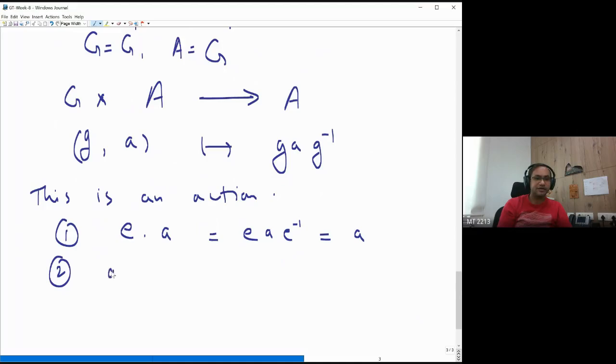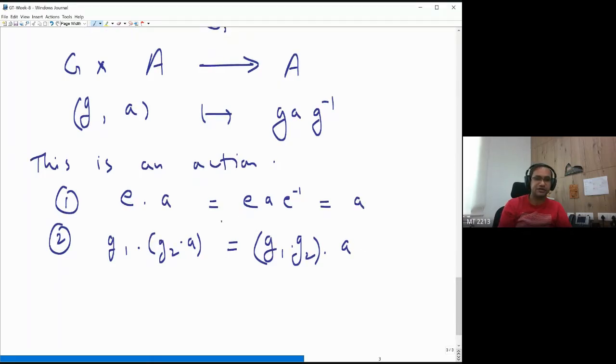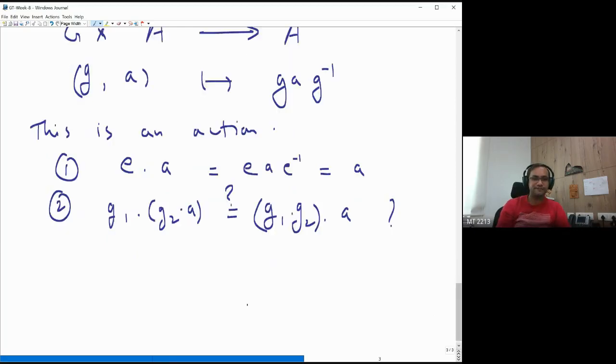The second property is that if I have g1 acting on g2 dot a, it should amount to first multiplying g1 g2 and then making it act on a, right? So let's verify whether this equation is correct. Okay, so how do we verify this? Let's calculate the left hand side, right? So the left hand side is g1 dot g2 dot a.